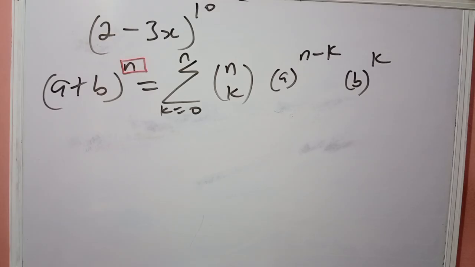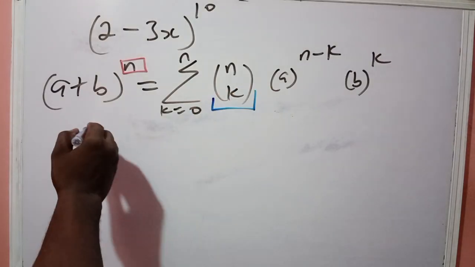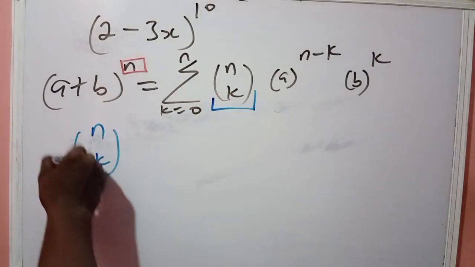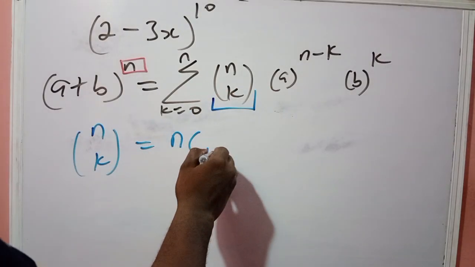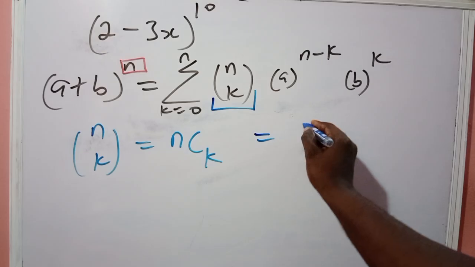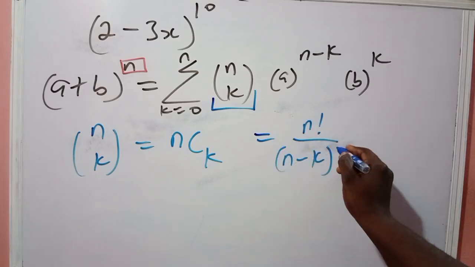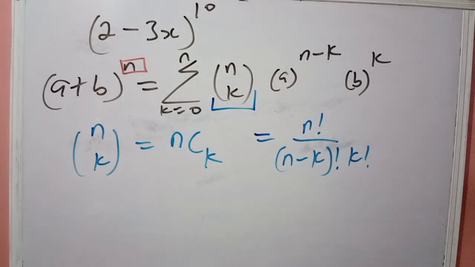Now, for this last thing you have here, the n combination k, what you have here is actually a combination. So n k is the same thing as n combination k. And the way you solve n combination k is n factorial over n minus k factorial times k factorial.